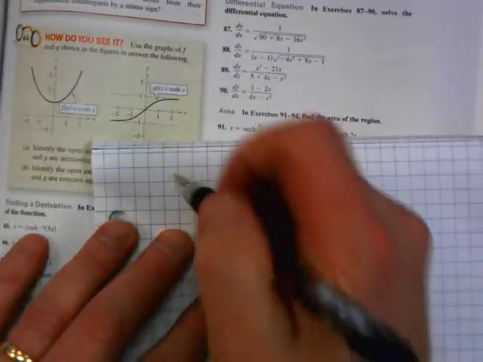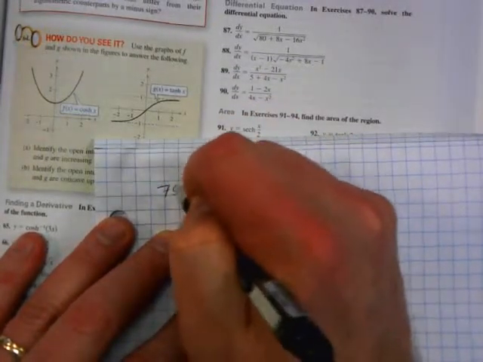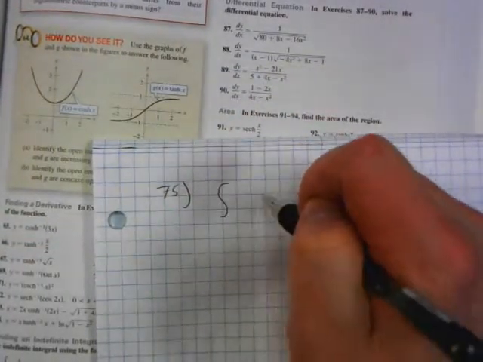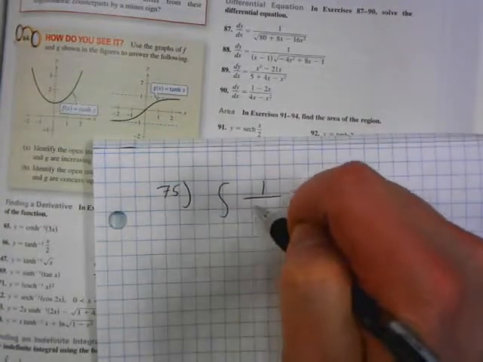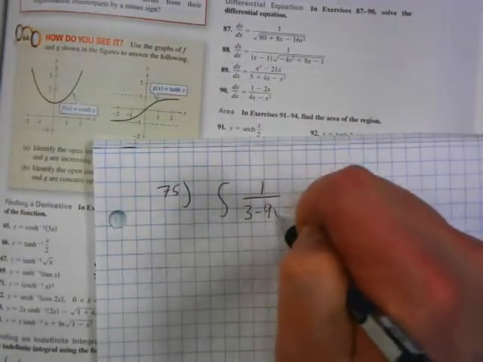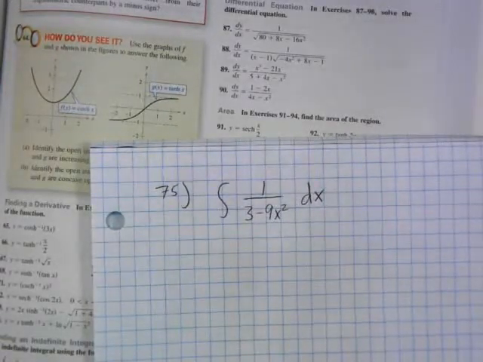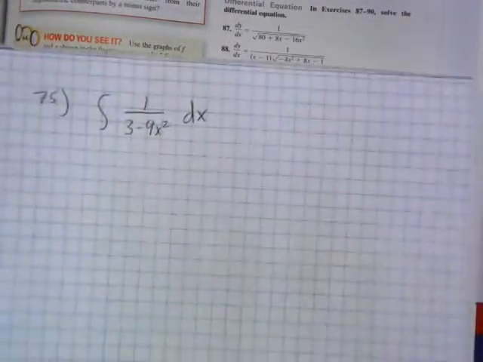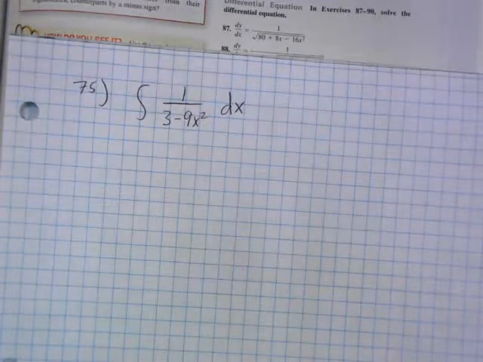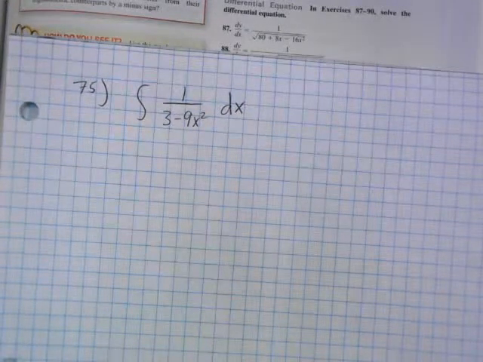How about number 75 maybe? Which is the integral of 1 over 3 minus 9x squared dx. What do you do?